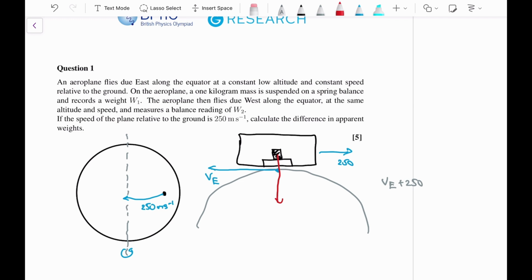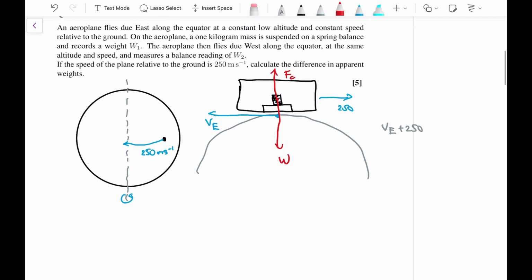It's because there are two forces acting on it right now. The first force is its own weight, and there's another force, the centripetal force, acting upwards. So let's say W1 will be equal to its own weight, W0, minus FC.